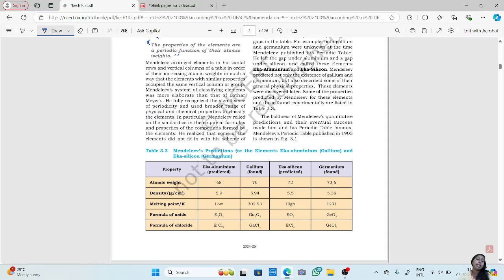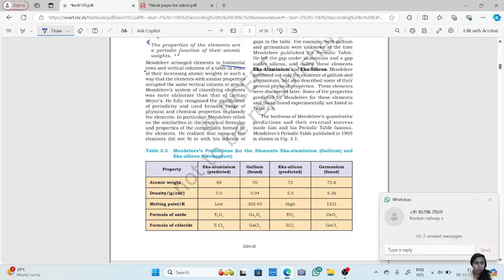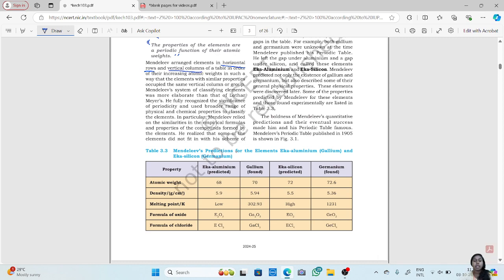Now, how did Mendeleev make his table? He arranged the elements in horizontal rows and in vertical columns, the elements in a horizontal row and their properties in a vertical column, in order of their increasing atomic weights in such a way that the elements with similar properties occupied the same vertical column or group.